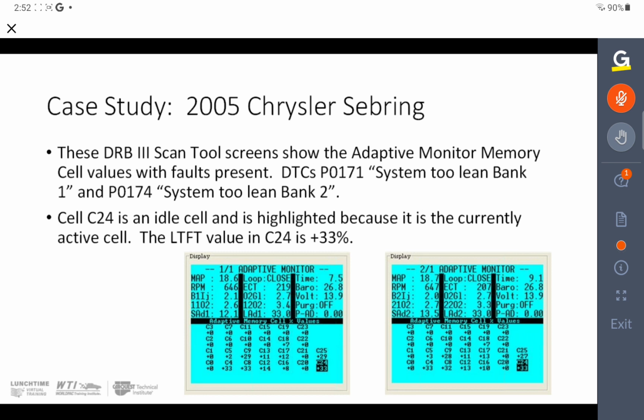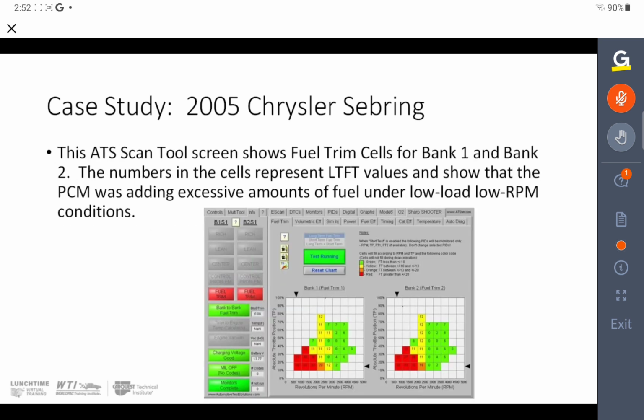So the fuel trim cell for cell 24 was plus 33%, so it's adding 33% more fuel to correct for a problem. We hitched up the ATS scan tool and did a fuel trim map to see what was going on. You can see in the lower numbers it was adding a lot of fuel, but at a higher load and higher RPM, it was okay.